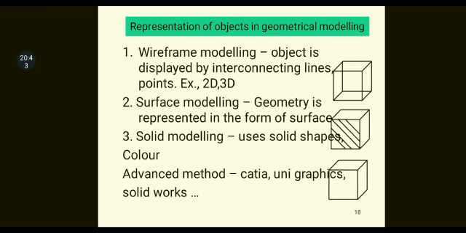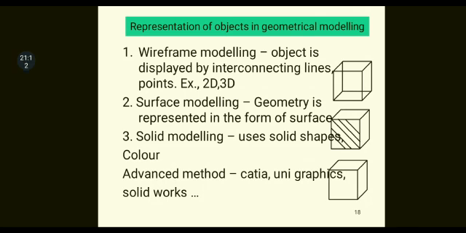So here we have not given lines and points. An entire surface, a rectangular face or a square face we have joined. This is surface modeling, where unlike points and lines, one surface to other surface we join to form a cube.